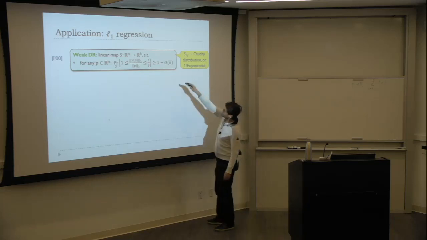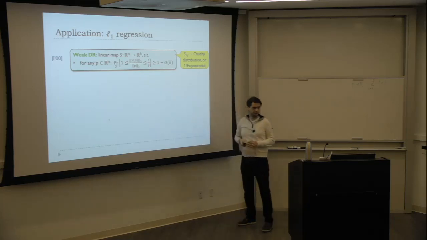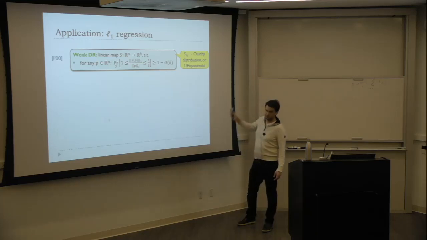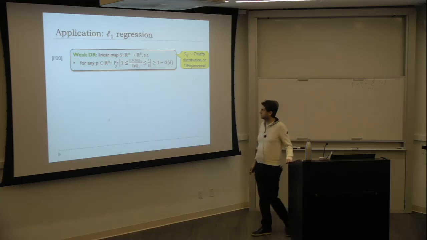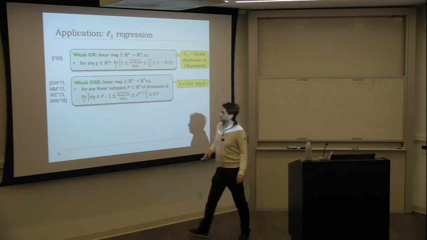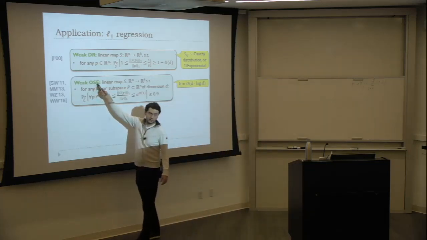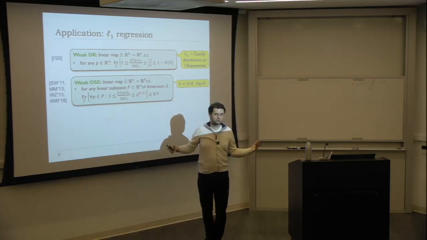In particular, this map S can be taken, let's say, as again multiplying by a Cauchy matrix, or you can replace Cauchy variables with 1 over exponential. There are different ways to do it, with different advantages. But from this weak dimension reduction, we can also obtain a weak oblivious subspace embedding, right? This is the stronger dimension reduction that holds for any subspace.